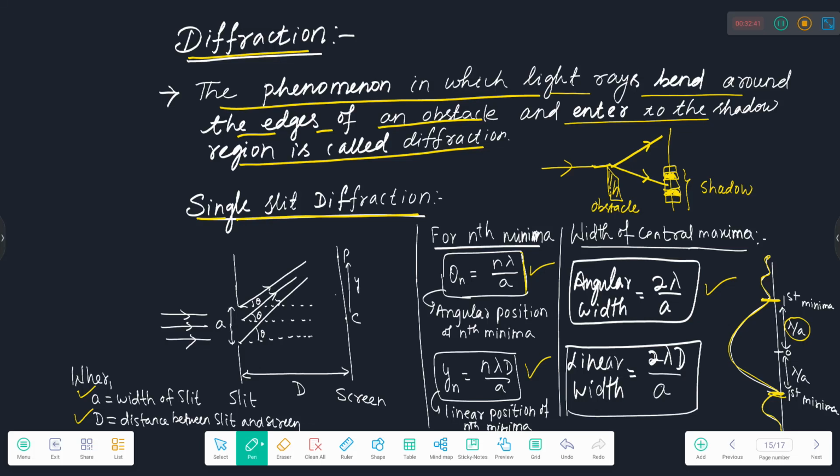Yes or no? First minima to first minima is the width of the central maxima. So you get angular position and linear position.